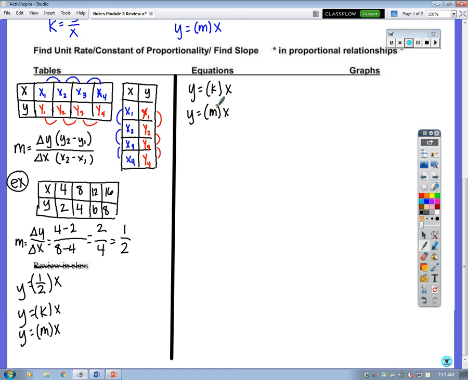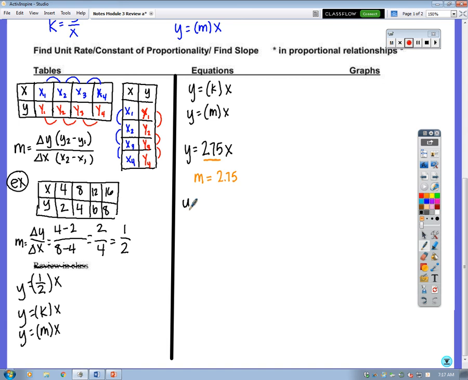So if we have an equation like this, y equals 2.75x, what is our slope or rate of change? Well, since it's in this format that we're familiar with, this is our slope, this is our rate of change. So m or k, depending on what they're asking for, would be 2.75. That's pretty straightforward, huh?